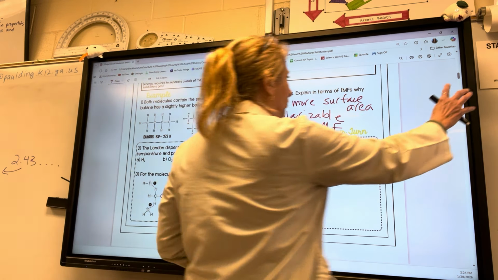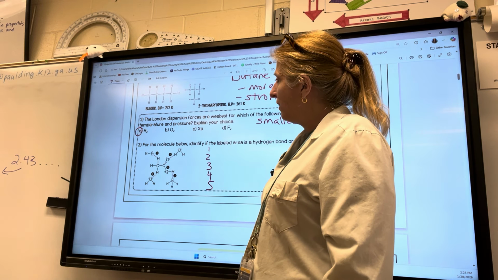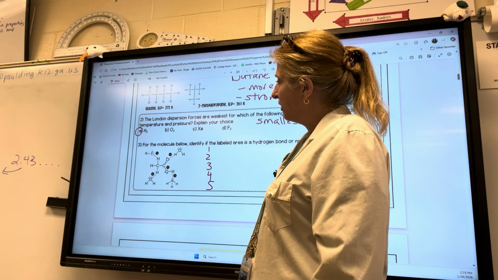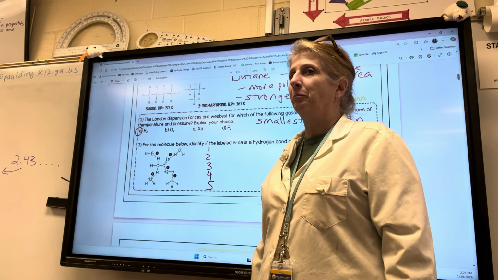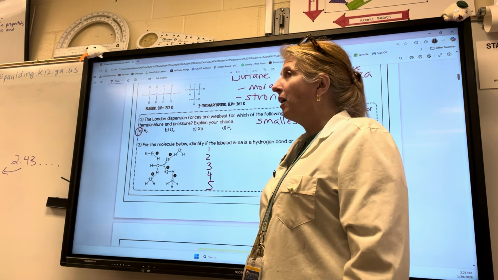Okay. Number 1. Is that a hydrogen bond? Yes or no? Yes. Why do you think it's yes? Because it's a hydrogen, but is it a hydrogen bond? Well, it's attached to a bond. Is it having fun?